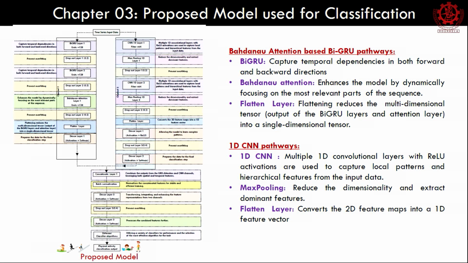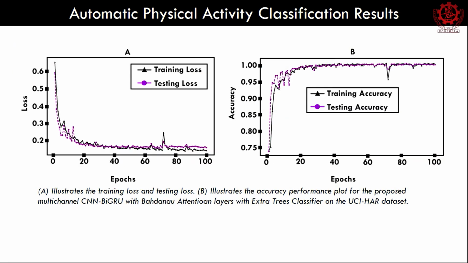In this model we are using the Bahdanau attention layer with 1D CNN pathways, and this does the physical activity classification. As you can see here, during the process of training, the training loss and test loss are quite nice.